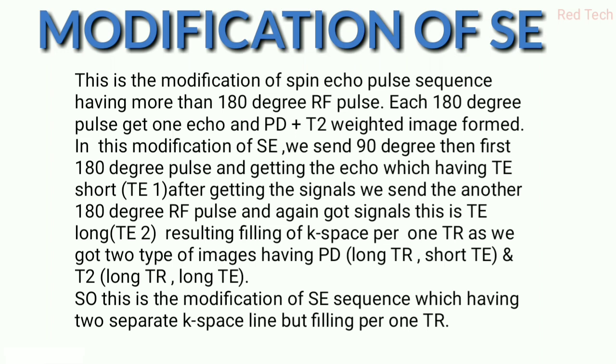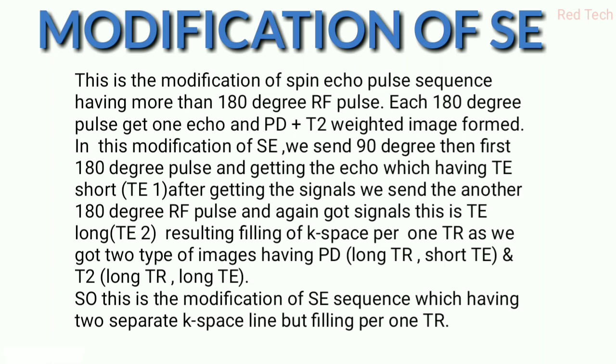In this, basically, we modify the spin echo pulse sequence, which we studied in the earlier videos also. As we know, in the spin echo pulse sequence, we apply the 90-degree pulse and the 180-degree pulse.